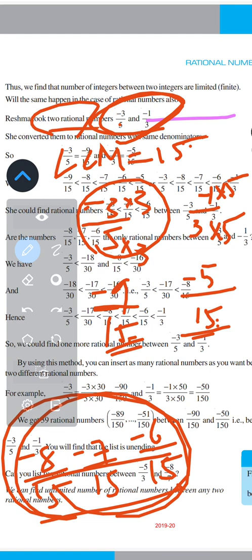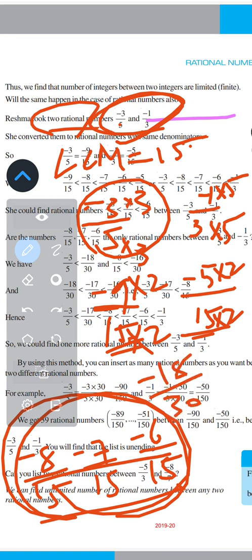So what you do is increase the denominator by multiplying with 2 or 3 or 4, anything. Imagine I multiply by 2, here also by 2, here also by 2. So this changes to minus 18 by 30 and this one minus 10 by 30.